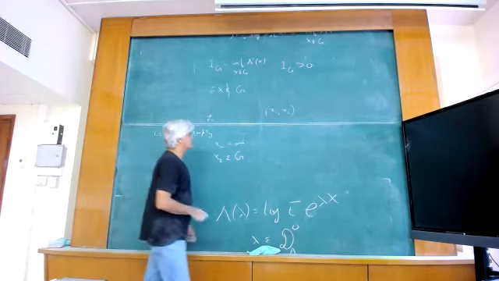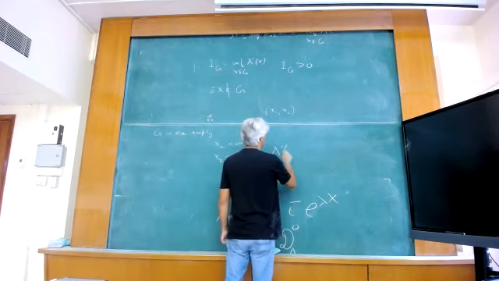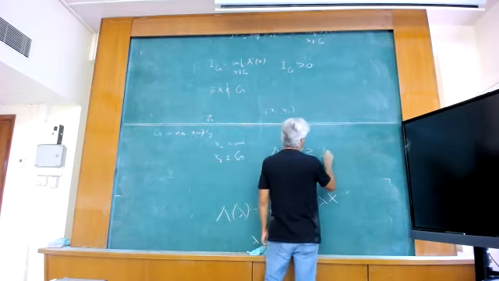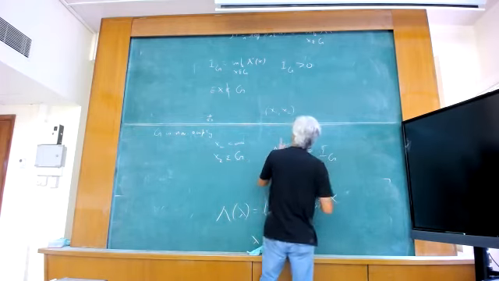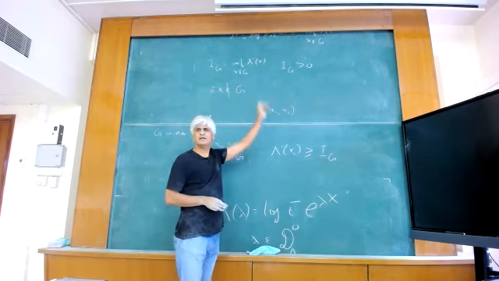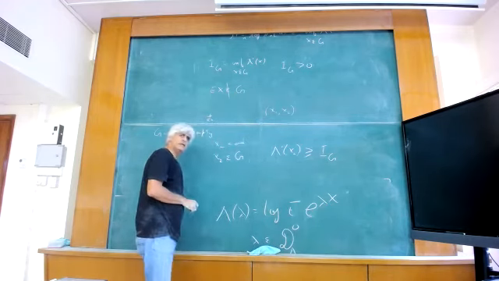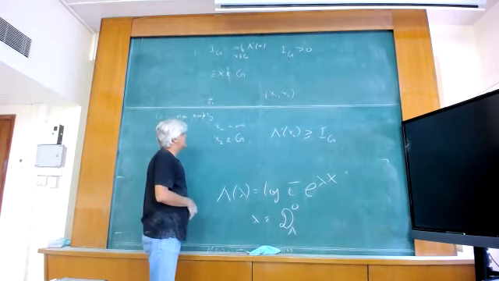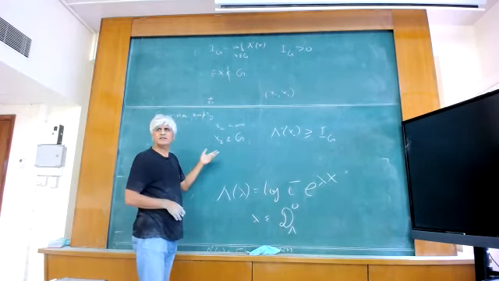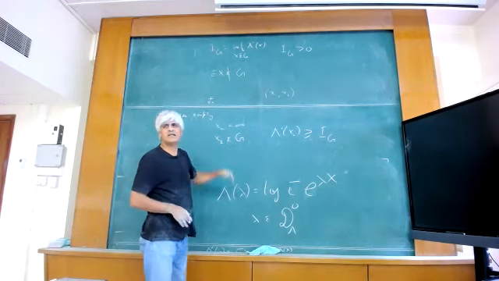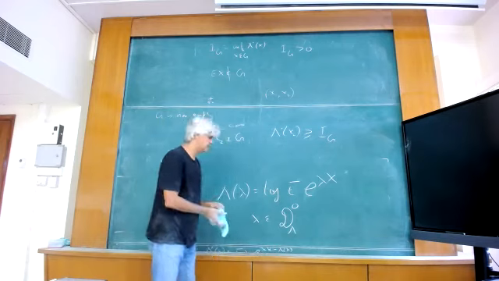Which tells me that lambda star x2 is greater than or equal to I of G, which is the infimum over all x in G. Right? Similarly, if x1 is greater than minus infinity, then x1 is in G, and lambda star x1 is greater than or equal to I of G.